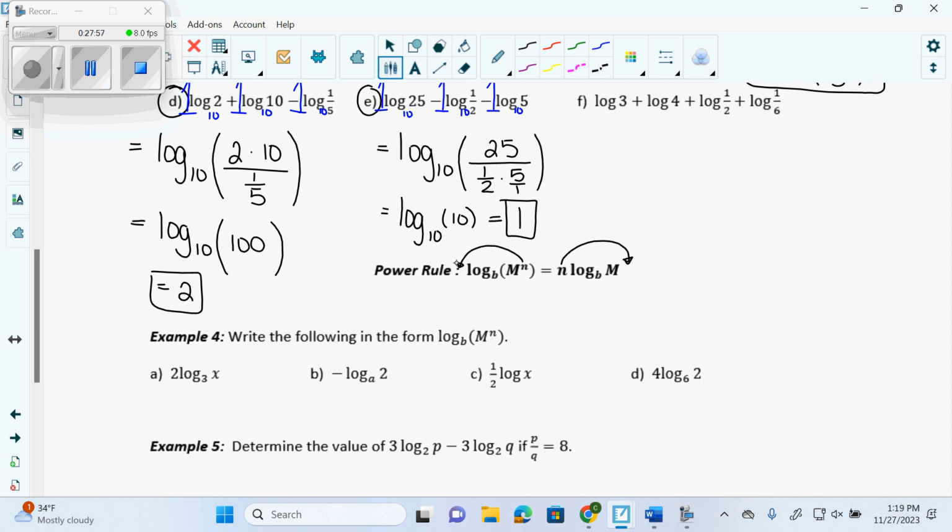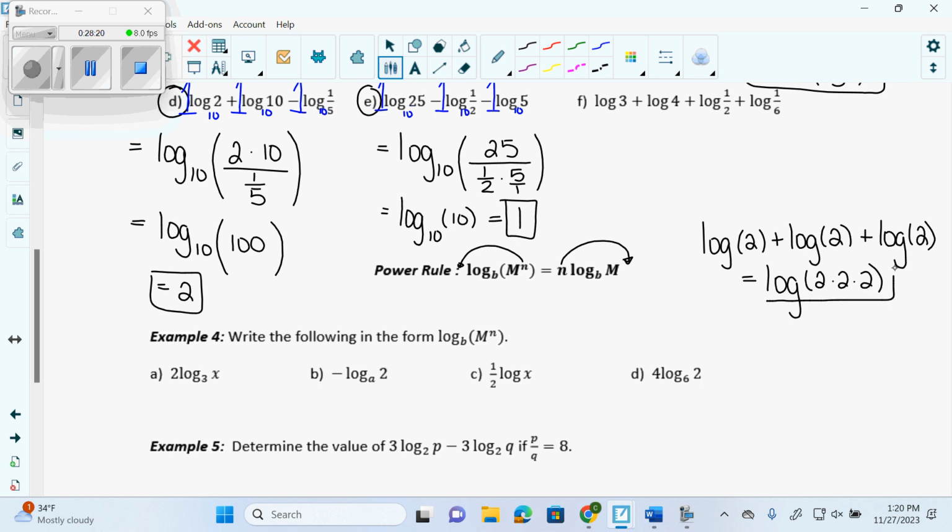Now, if you don't believe me, look at this. So if I go log 2 plus log 2 plus log 2, I could technically put these together as log base 10 of 2 times 2 times 2. If you type this into your calculator and this into your calculator, they're the same.